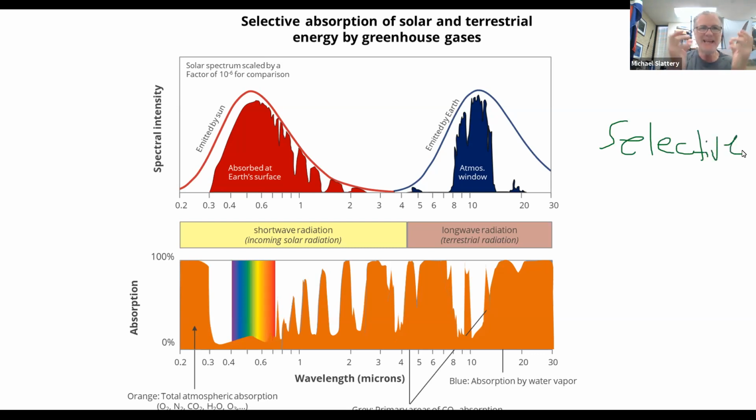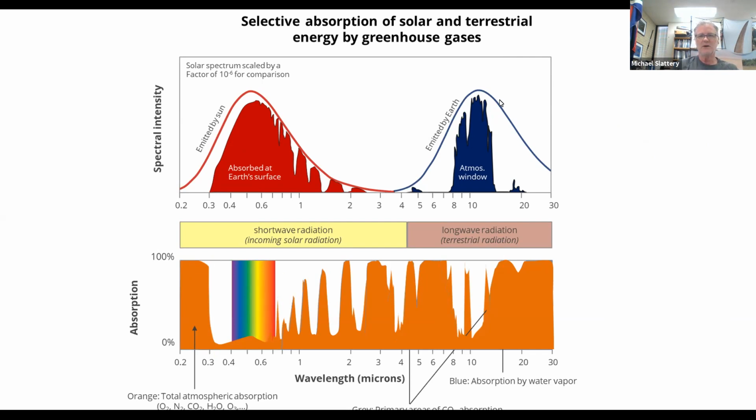They are selective absorbers, right? In other words, ozone in the stratosphere does not absorb visible light. It doesn't absorb any energy given off by the Earth. It selectively absorbs all of this high energy shortwave ultraviolet radiation. Does that make sense to everybody?